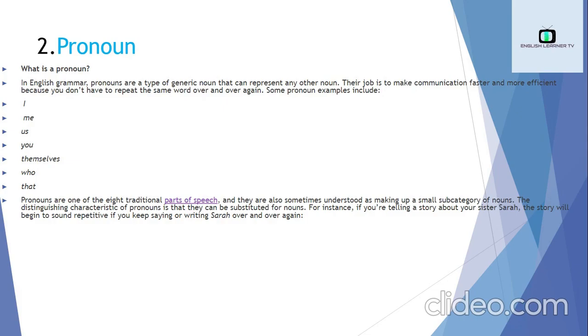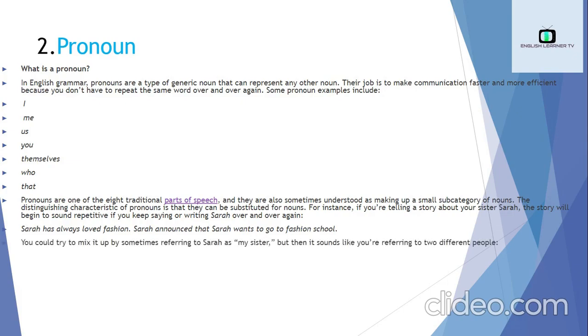For instance, if you are telling a story about your sister Sarah, the story will begin to sound repetitive if you keep saying or writing Sarah over and over again. Sarah always loved fashion. Sarah knows that Sarah wants to go to fashion school.